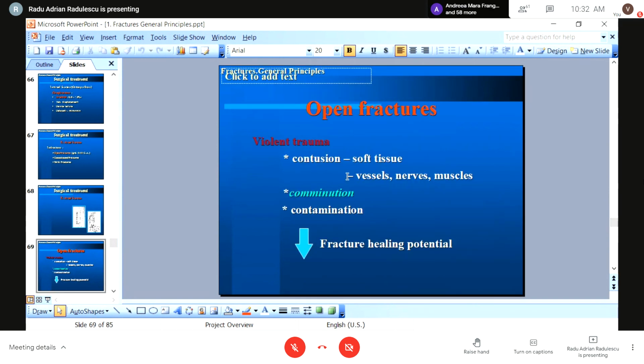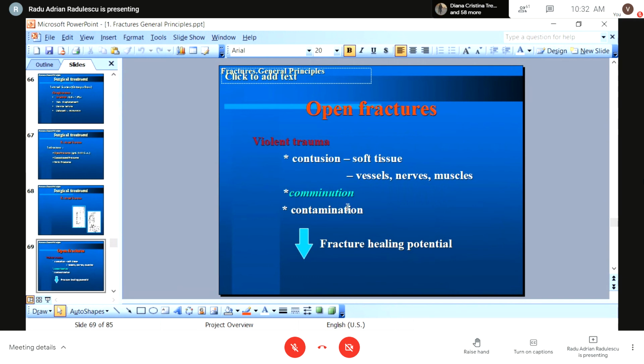In open fractures, we also have complications at the level of the soft tissues, like muscles, the skin, of course, because that's the definition of the open fractures. Vessels and nerves may also be damaged during the open fracture. And the bone situation may be different.